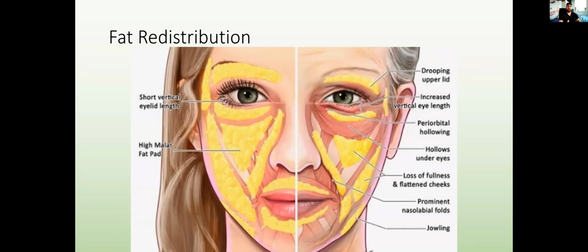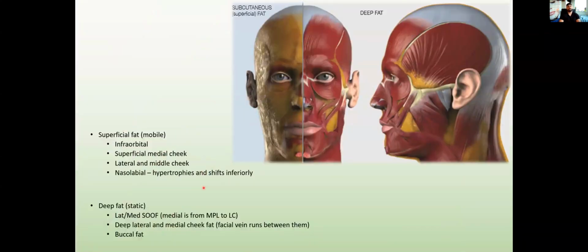They allow us to have facial expression. Then you have your deep fat pads, which are static. They tend to be adhered to periosteum, and they are static. We'll have a look at what happens to each of these as we age. If you look at this diagram here, on the left-hand side we've got the superficial fatty layer, and then here we've got the deep fat.